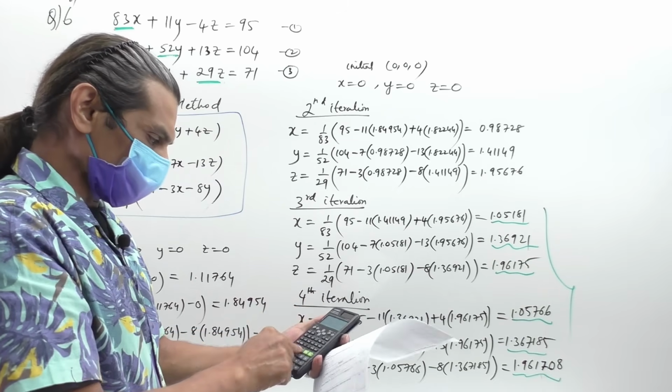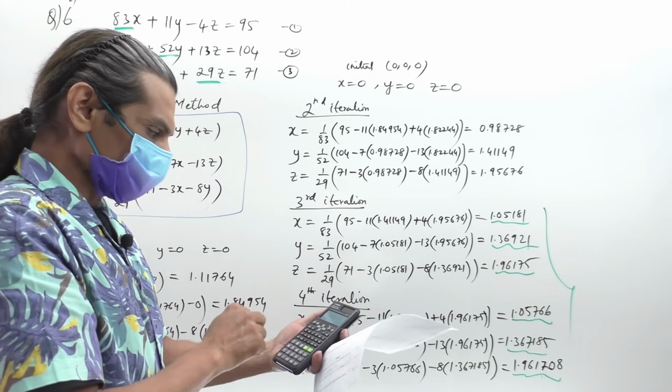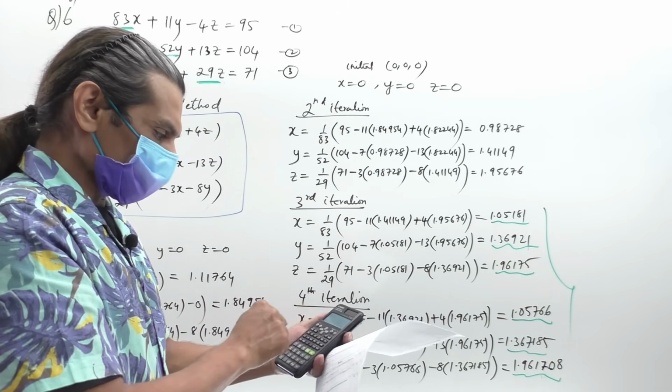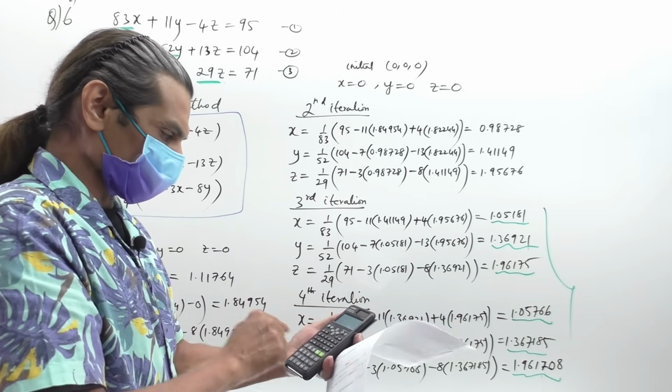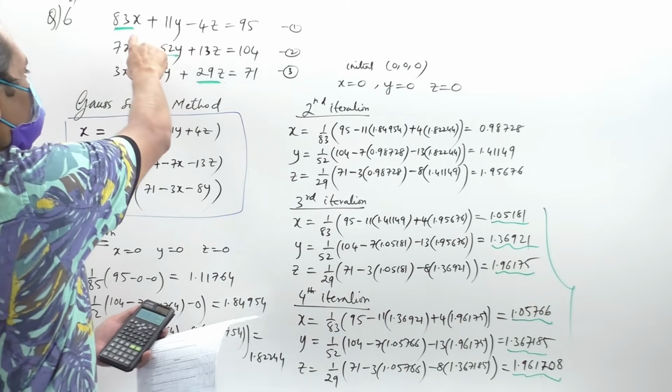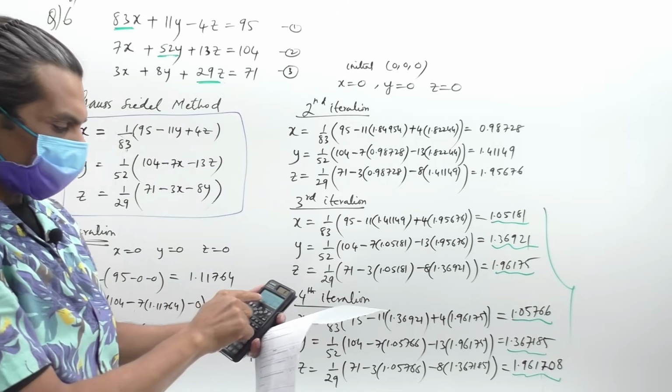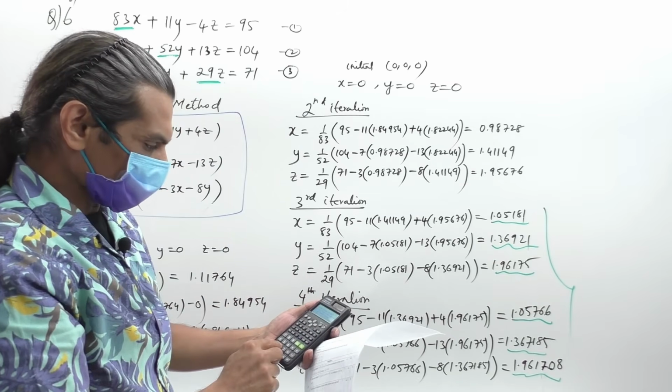First, shift clear the memory, then press mode and go to equation 5, where it shows A, B, C, D. So it is the second option.